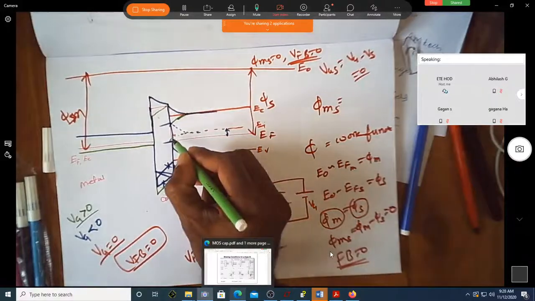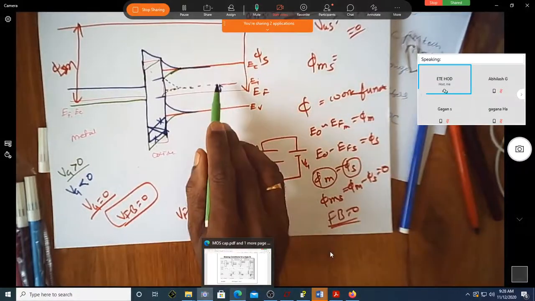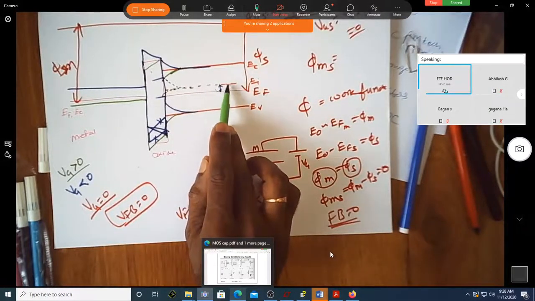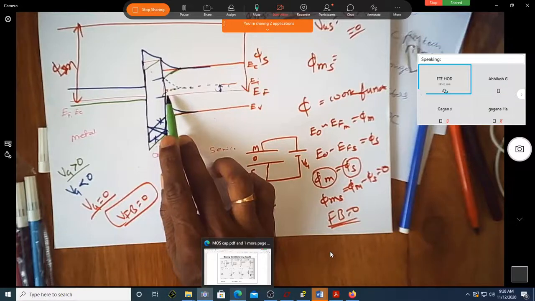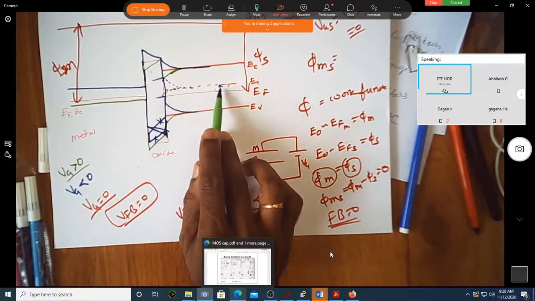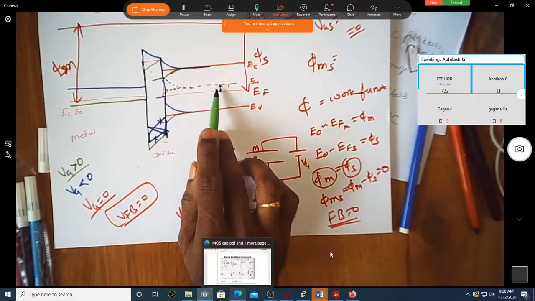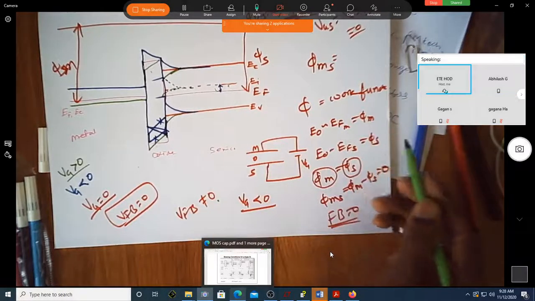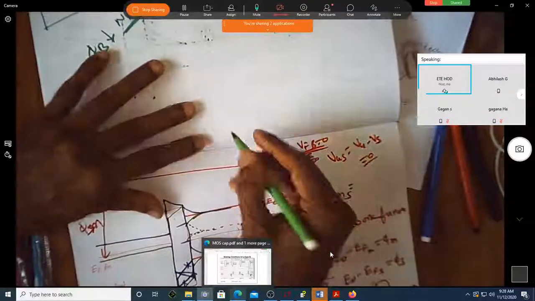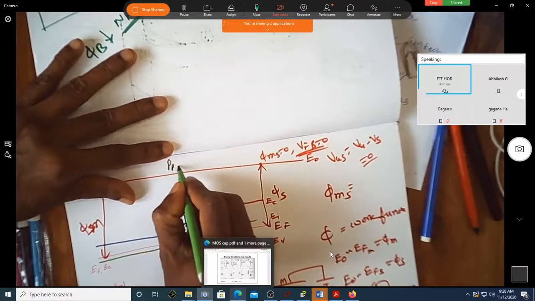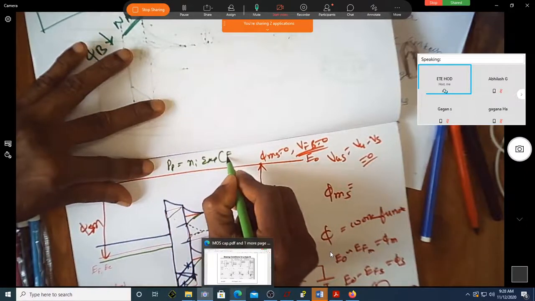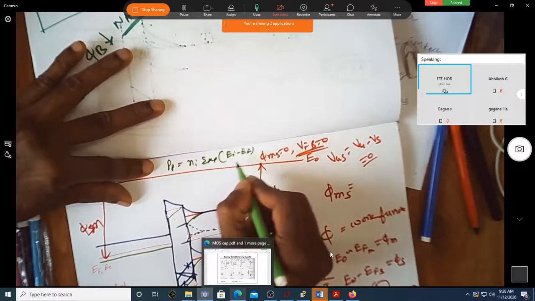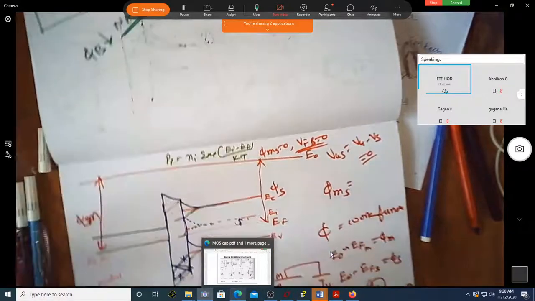Now, can you see the number of holes over here and here? Does the number of holes keep on reducing here compared to bulk? Yes, sir. Because the EI minus EF difference keeps reducing, because we have p equal to Ni exponential of EI minus EF by KT, correct?